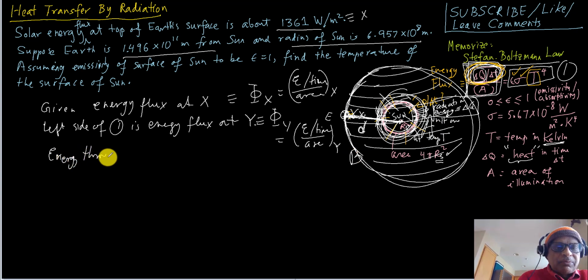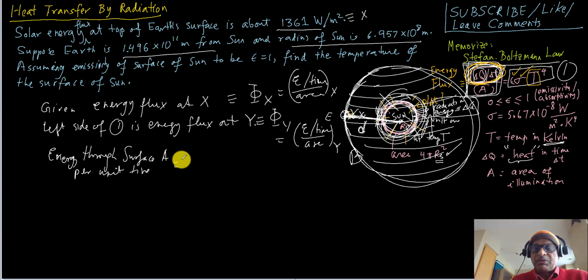Energy through surface A per unit time. How much energy comes out of there? That will be the flux at y, times the area 4 pi. So that's how much energy must have come out, because this is per unit area multiplied by the area of this surface.